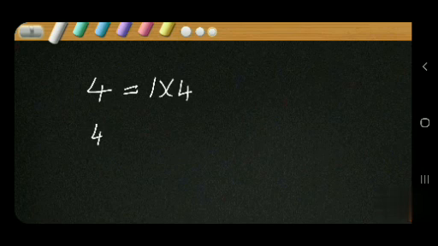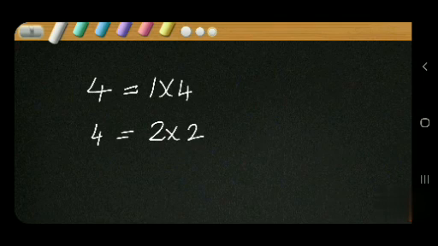Any other way? Yes. We know 4 is equal to 2 into 2. 2 2s are 4. Anything else? No, this much only.